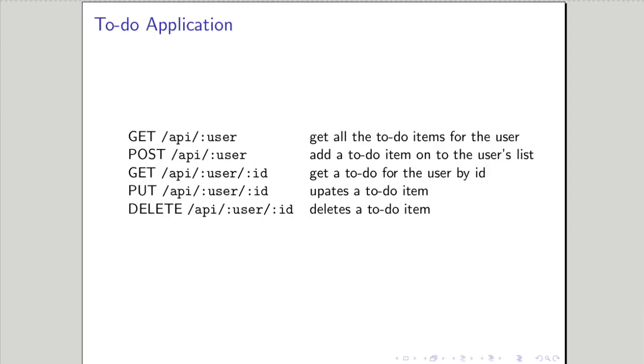So just to give you a little bit of an example of how REST applications are documented, they typically show up in this sort of style format. So I'm going to show you again my to-do list application. I'm going to be sharing this as a demo you can work on later. The method is specified first.